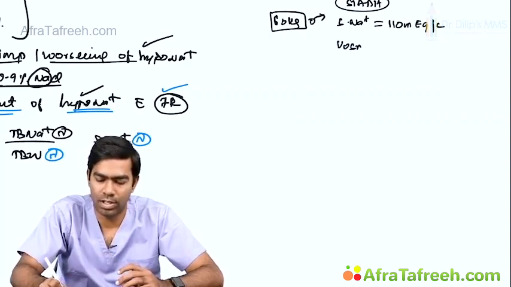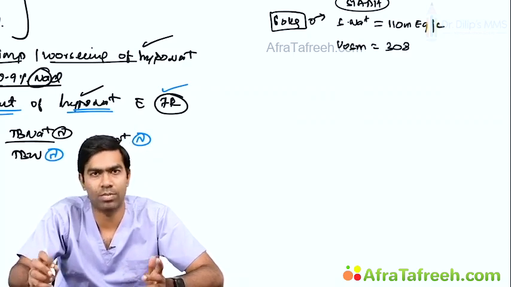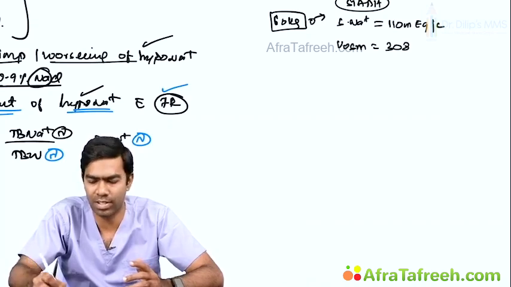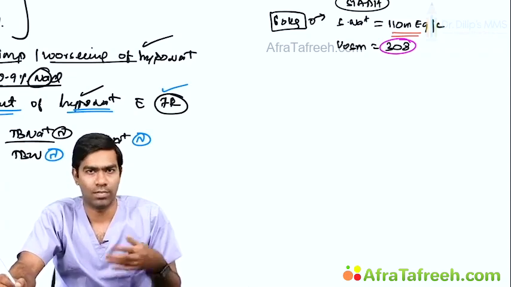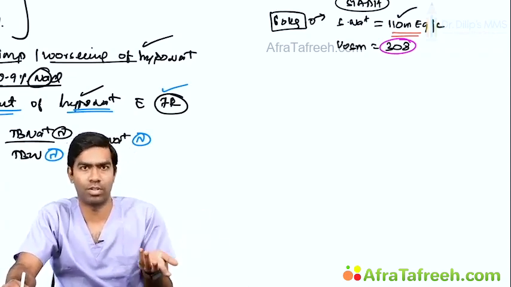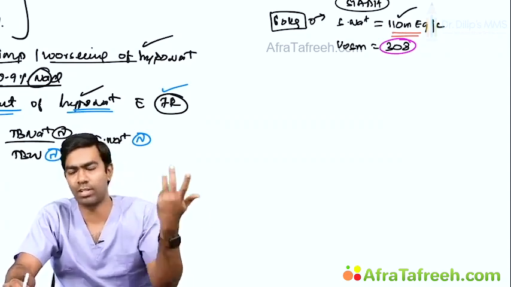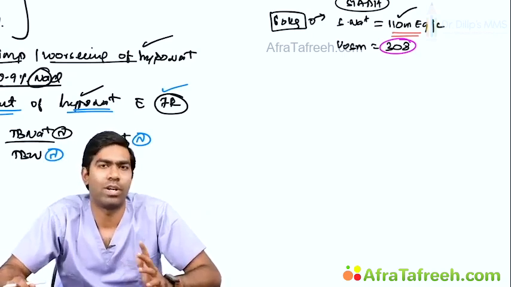His urine osmolality is maintained at 308, because I told you in one patient there will be a particular urine osmolality and it will be higher than the serum osmolality. Definitely this is higher. You can see serum sodium is 110 and urine osmolality is 308, which means serum osmolality will not even reach 225 or 230 here. If the patient's glucose is normal, 110 into 2 is 220 plus glucose, blood urea nitrogen, whatever you add, it's not going to exceed 225 or 230.